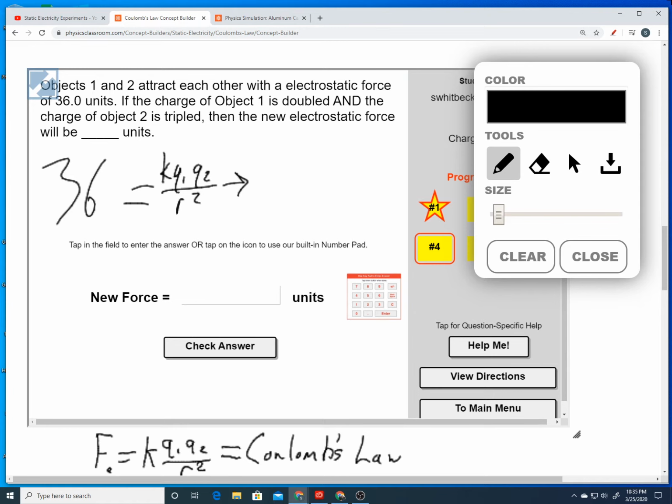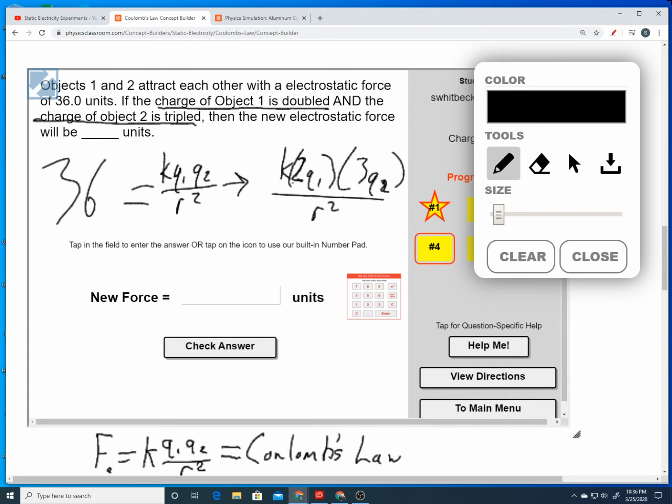And what we're going to do now is the charge of object 1 is doubled, so 2 times our Q1. And we're told the charge on object 2 is tripled.